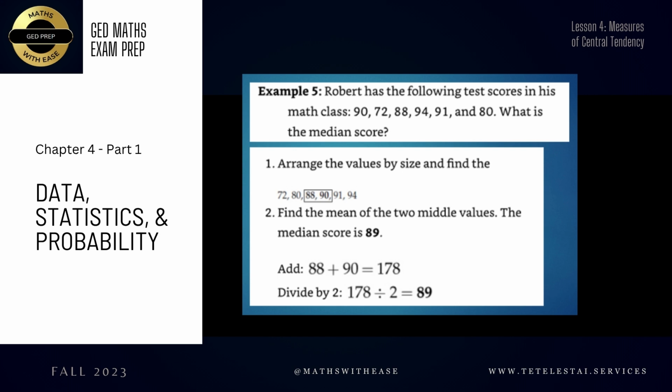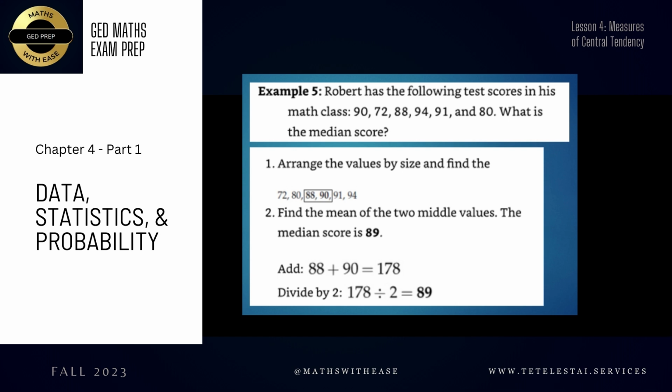All right, so in this example, we're being told that Robert has the following test scores in his math class: 90, 72, 88, 94, 91, and 80. What is his median score? So let's say that France and Jaleesa, okay, just replace Robert's name with yours.